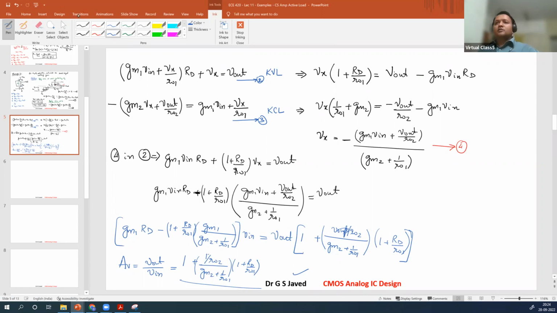Let me give you a closed form expression. I have solved this earlier, so that will be given as AV is equal to Vout by Vin.